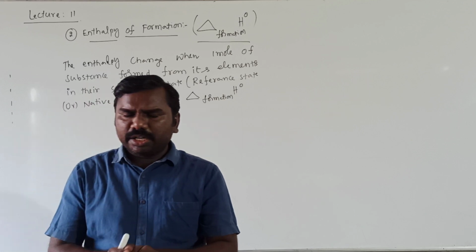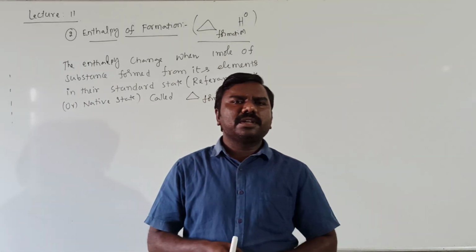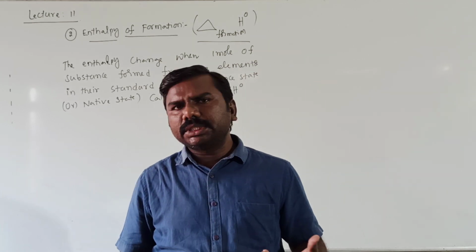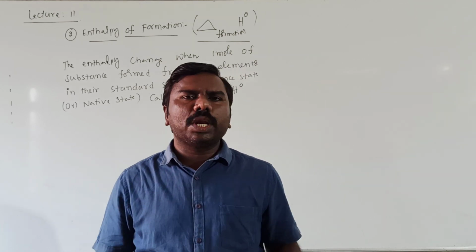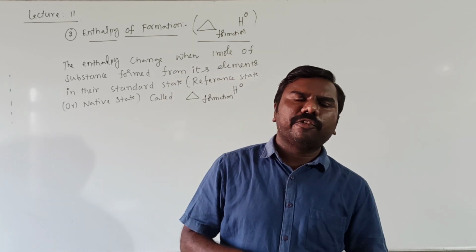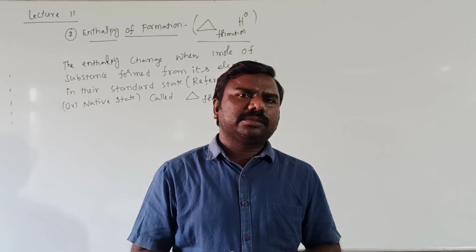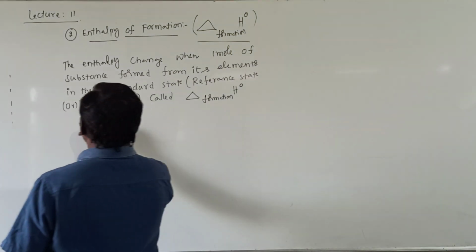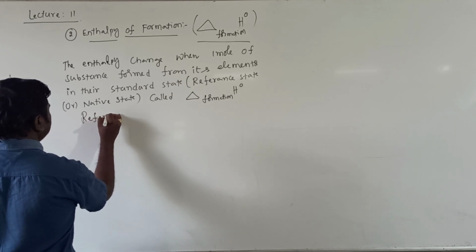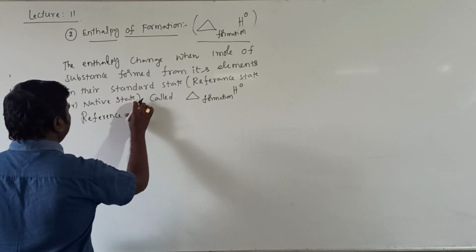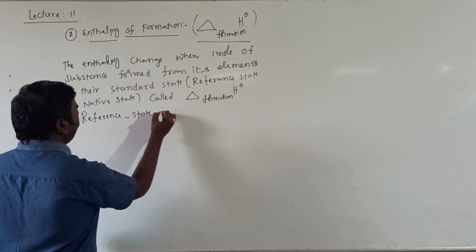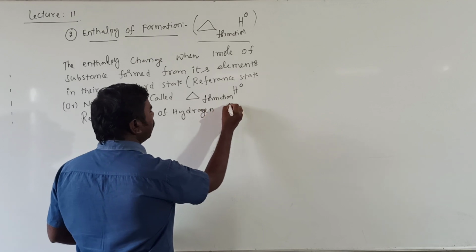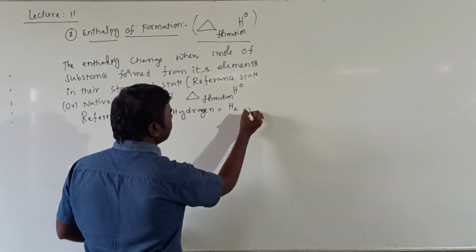What is the reference state or native state of oxygen? O2, hydrogen H2, chlorine Cl2, sulfur rhombic sulfur, right? So like that it is required. Reference state of hydrogen is H2 gas.